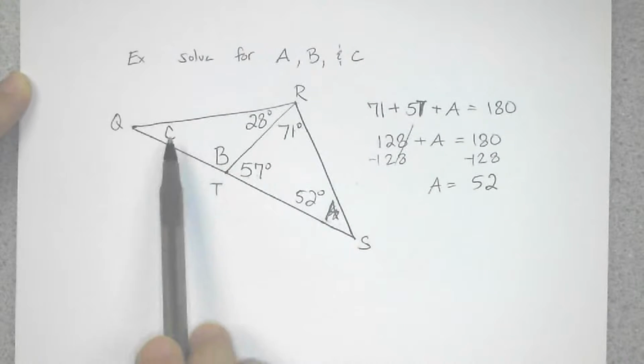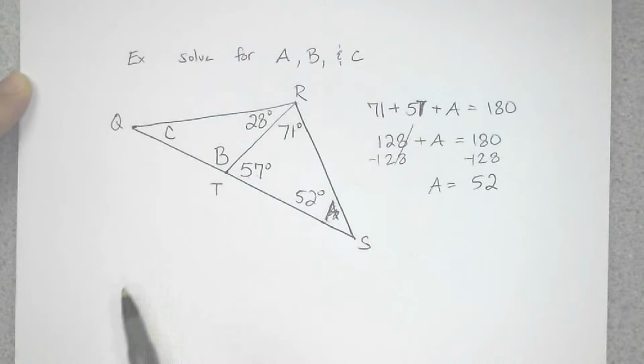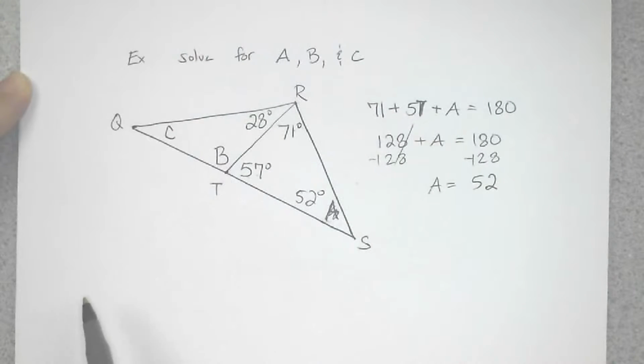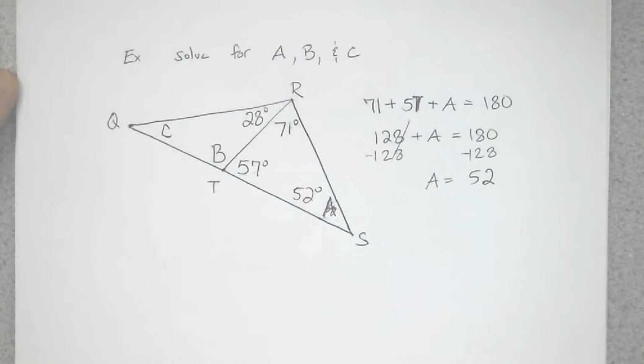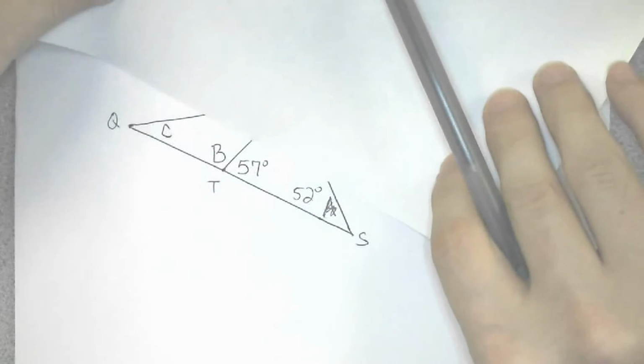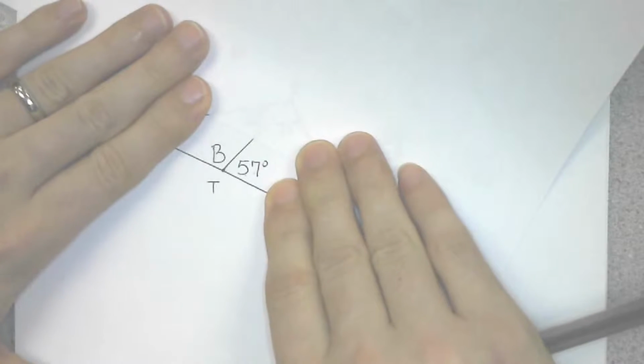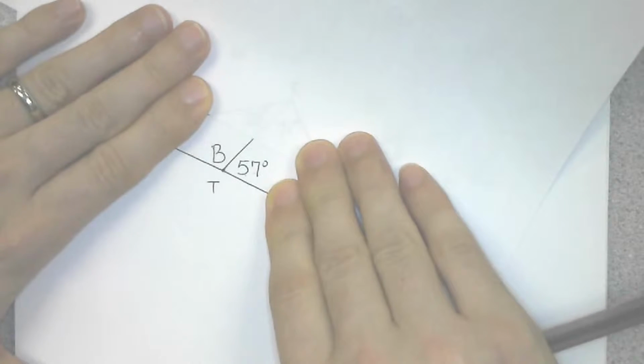So the question is, how do we figure out this? Because I just got done telling you, you need two of the three angles in order to solve this, and we're missing two. Well, what I'm going to recommend is try to ignore the triangle sometimes and look for outside things that can help you. For example, if we ignored the triangle and just looked at that, I have a straight line.